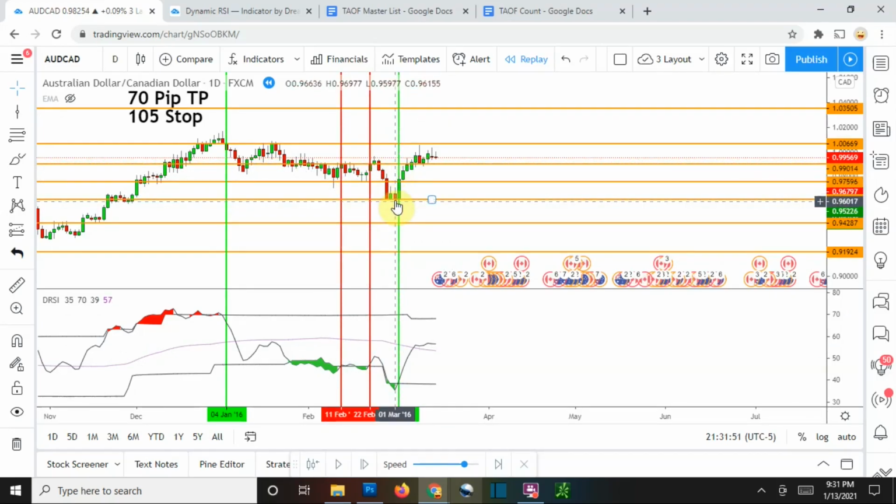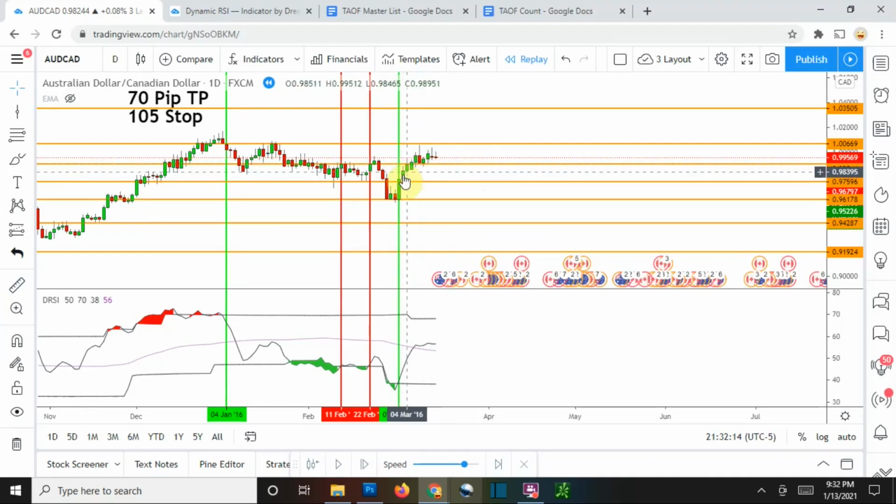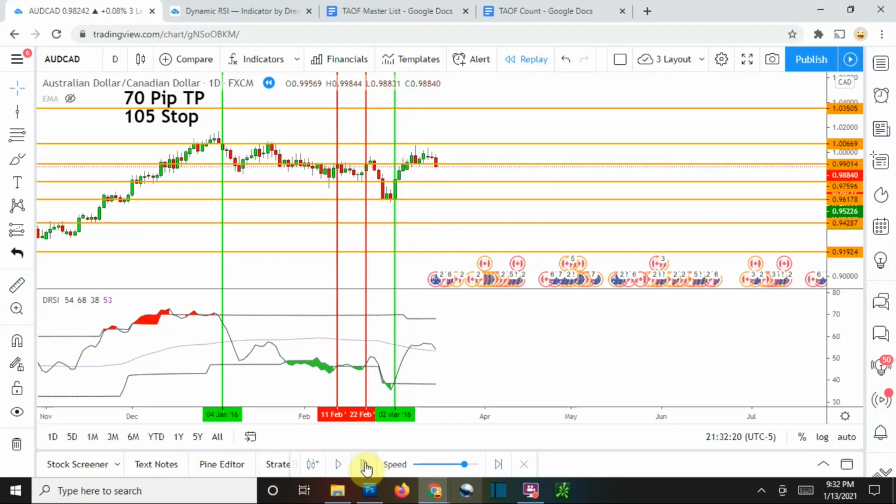Compared to this one right here where the bar spiked up through the next resistance area, it actually closed up above it. And so at that point we basically had from this point here all the way up to this point here, so 116 pips to the next resistance area, giving us a lot of room for this trade to actually play out in our favor.